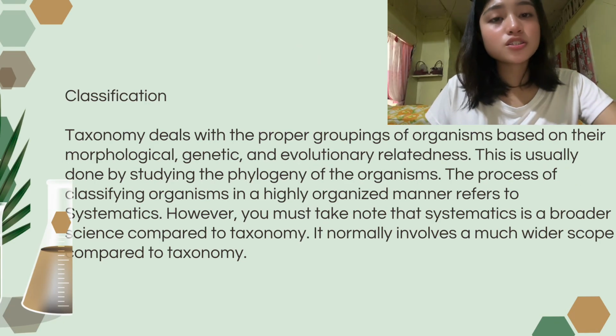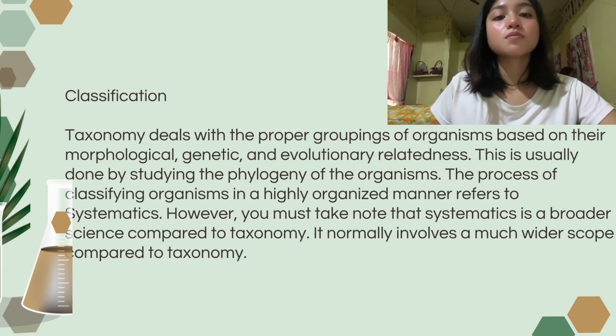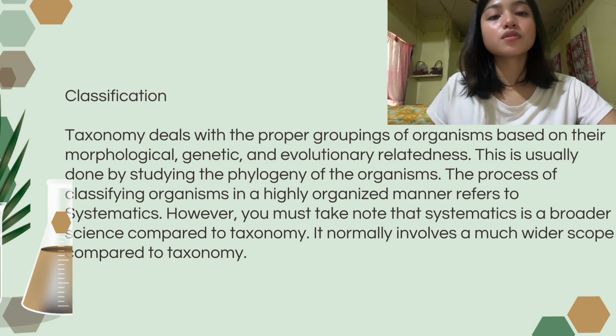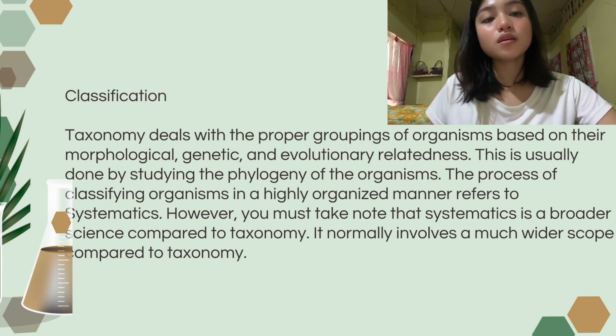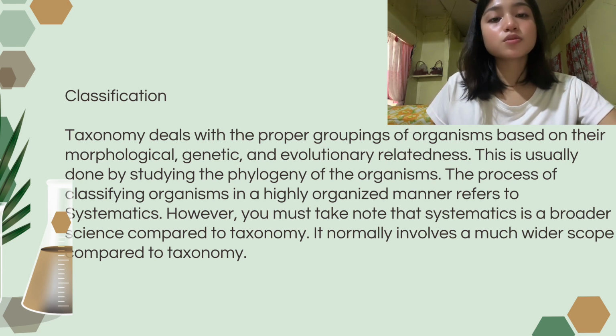So, classification. Taxonomy deals with the proper grouping of organisms based on their morphological, genetic, and evolutionary relatedness. This is usually done by studying the phylogeny of organisms. The process of classifying organisms in a highly organized manner is referred to as systematics. However, you must take note that systematics is a broader science compared to taxonomy. It normally involves a much wider scope.